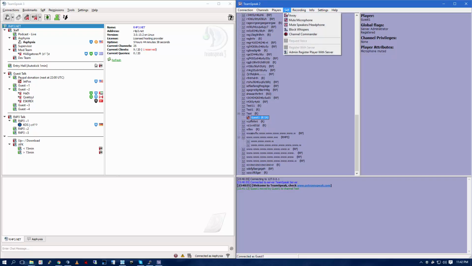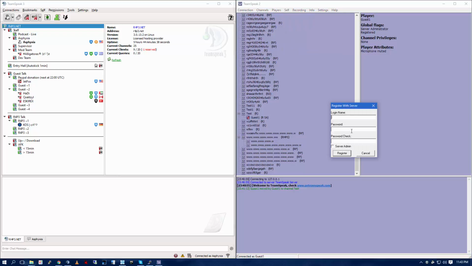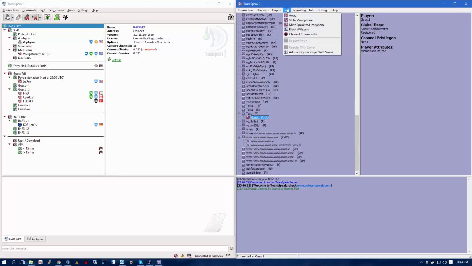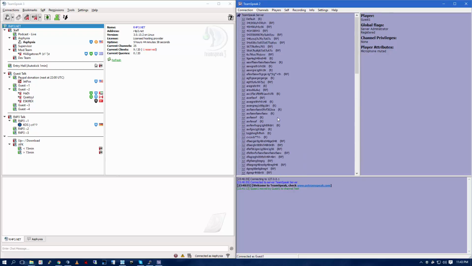Microphone muted. I mean, they've kept a lot of the same stuff here. They took away registration. You don't have to register on a server anymore. There's just so many different problems that I'm trying to remember with TeamSpeak 2. It's crazy. It's just wild.